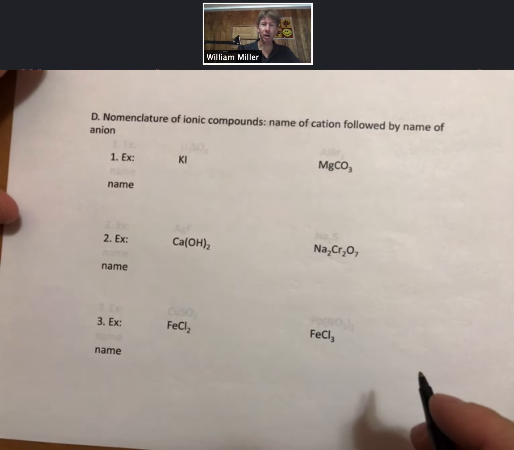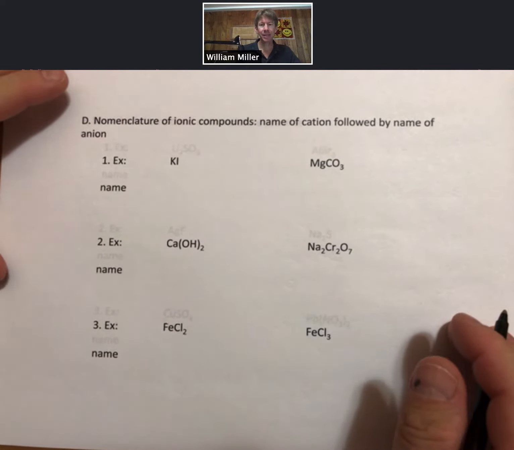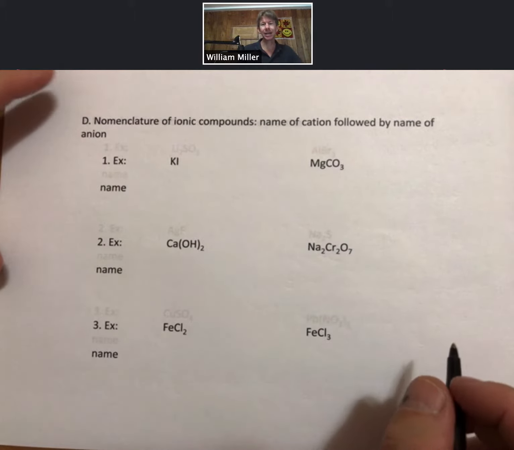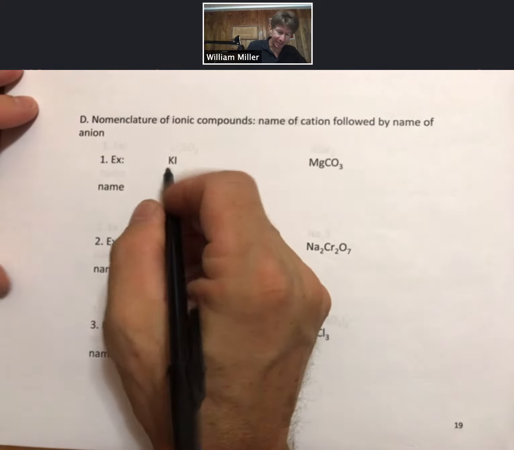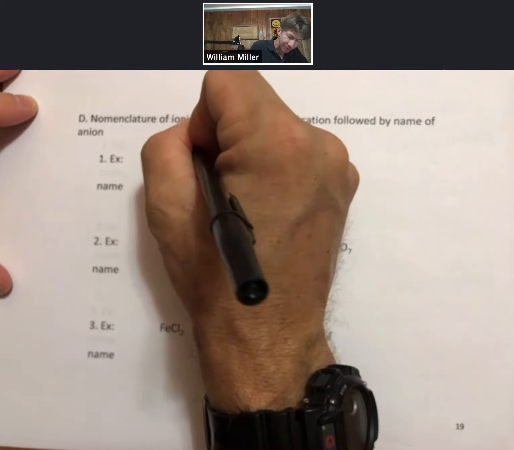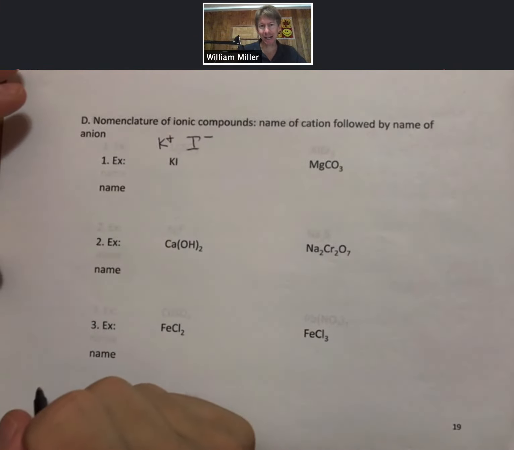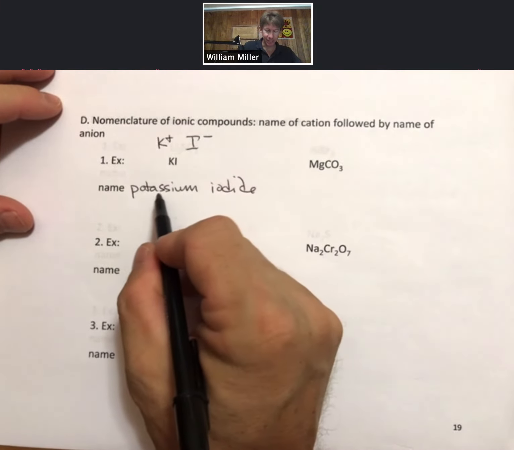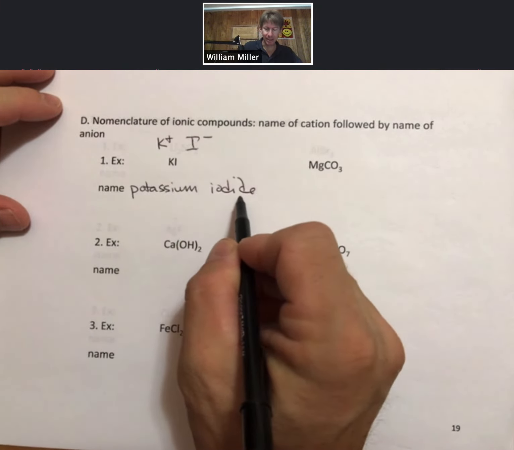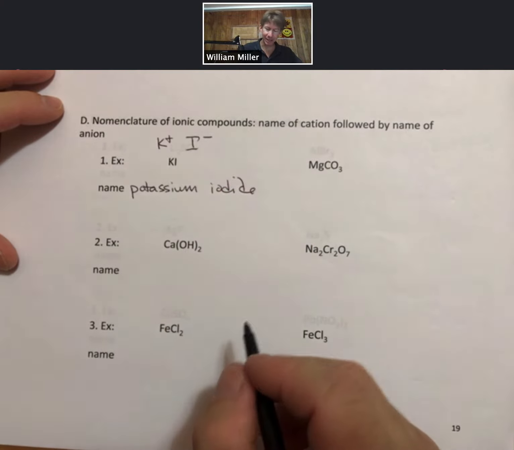Now let's practice some nomenclature of ionic compounds. It is always the name of the cation followed by the name of the anion. Here we have potassium chloride, because it's the potassium ion. Potassium iodide, KI. Potassium, one word, space, iodide is the name of the I- ion.